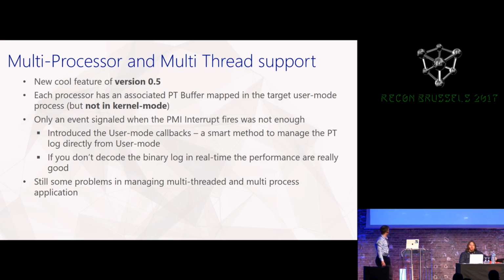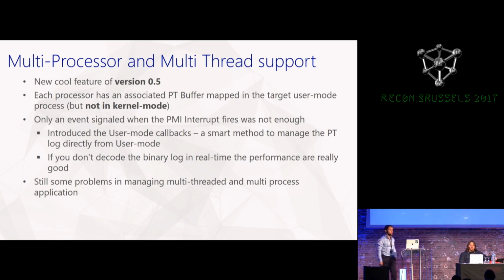But here there is a problem, because if we fire the PMI interrupt in the same way, the user mode application is not fast enough to detect in real time which CPU has the buffer full.